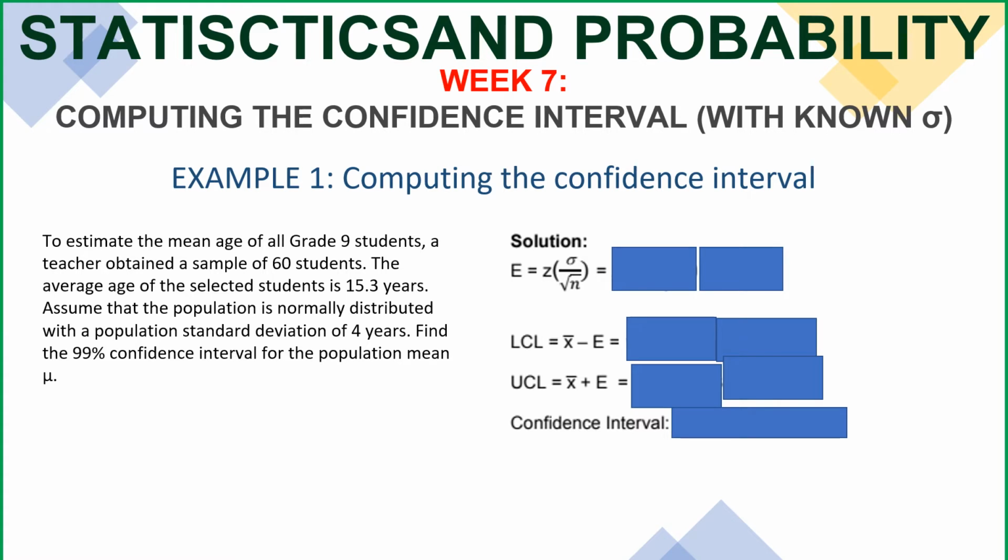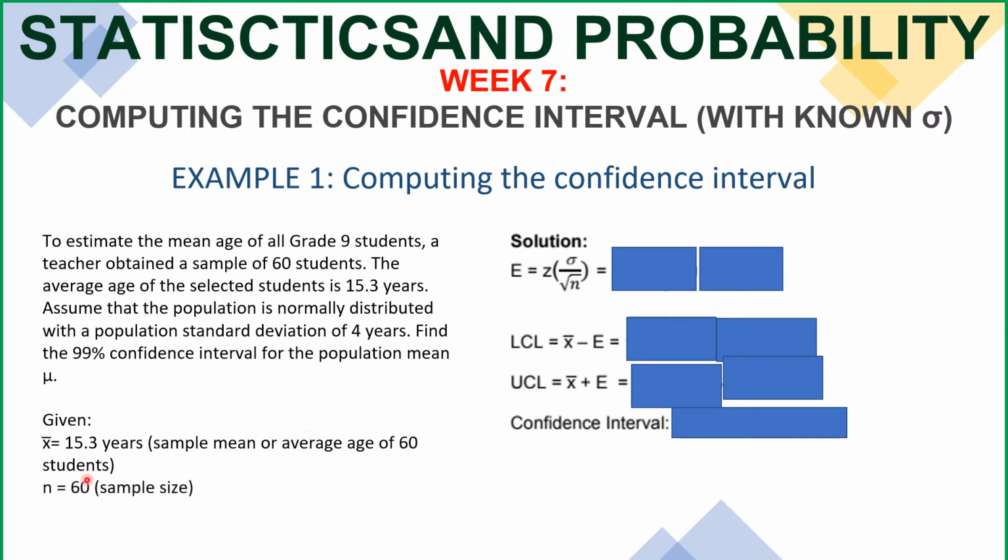So, first, let us identify the given para mapadali na lang yung pagsasolve ng margin of error, lower confidence limit, and upper confidence limit. So, given are, first is the mean, which is 15.3 years. That is the sample mean or average age of 60 students.